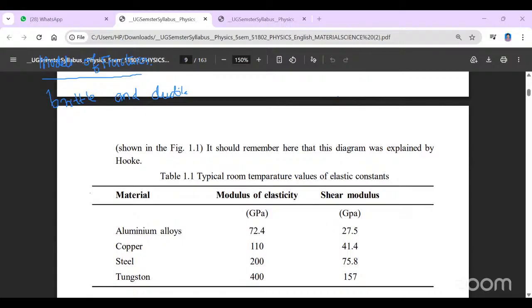Under the ductile fracture, the propagation of the crack is slow, whereas brittle fracture is a non-plastic deformation.